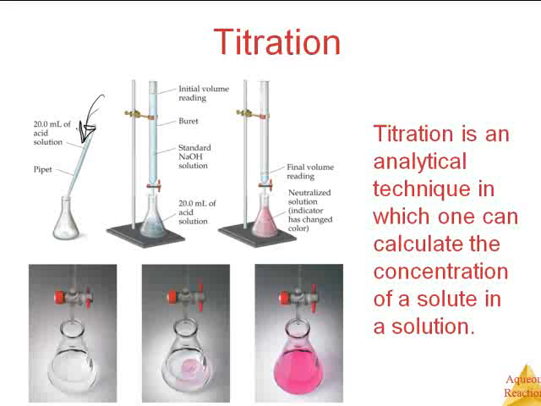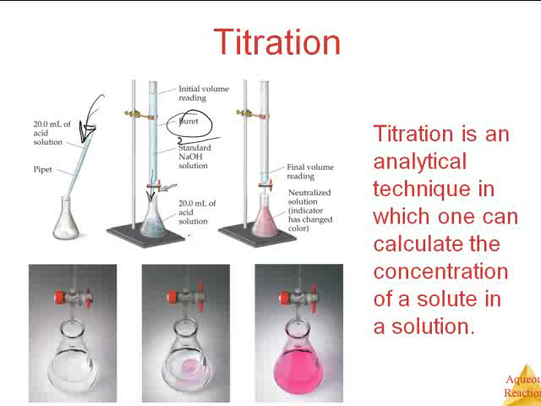Sometimes we use beakers just because we're using the pH probes and it's too much to fit into the neck of an Erlenmeyer flask. You're going to fill a burette with a known concentration of either a base or an acid, and then you're going to use the stopcock and deliver that acid or base into the Erlenmeyer flask.